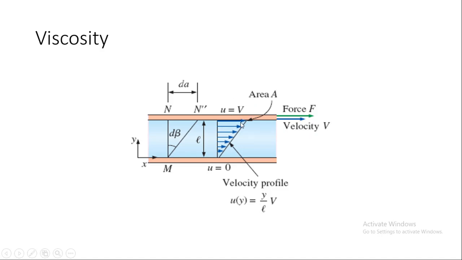On the other hand, the stationary solid surface and the boundary layer adjacent to it will retain zero velocity. Between them, across all these layers, we will see a velocity gradient. If we draw the velocity profile, this part has the highest velocity, and from layer to layer it keeps decreasing.